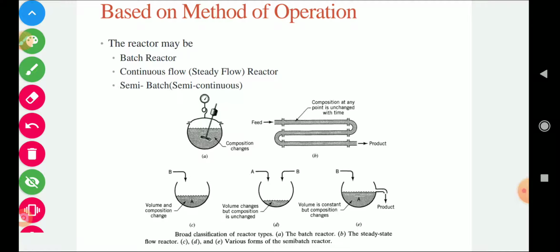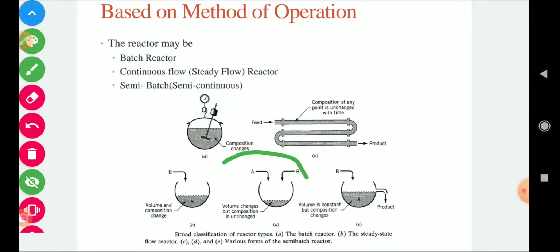As you can see in the first example, reactant A is already present in the reactor and we are continuously feeding B. If we have the reaction A plus B giving product, A is already present in the reactor and we are continuously injecting B. So in this case the volume and composition both change with respect to time, because we are continuously adding B, so the volume will continuously increase, and as the reaction proceeds the composition will also change.